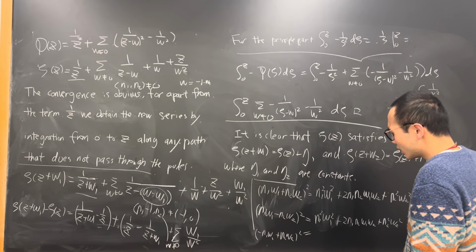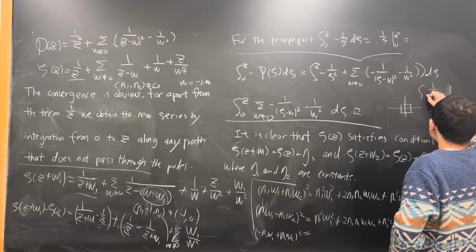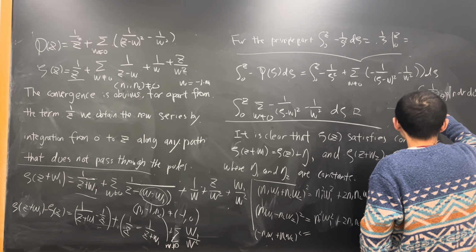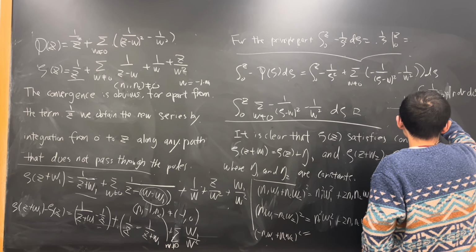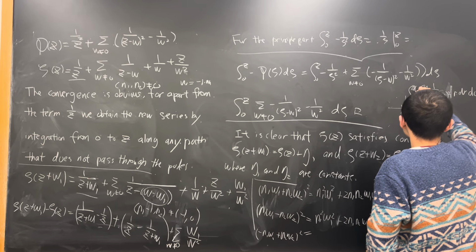So let's say you use polar coordinates. R cosine theta squared, R d theta. And then R goes from, let's say, 1 to infinity. Theta goes from 0 to 2 pi.